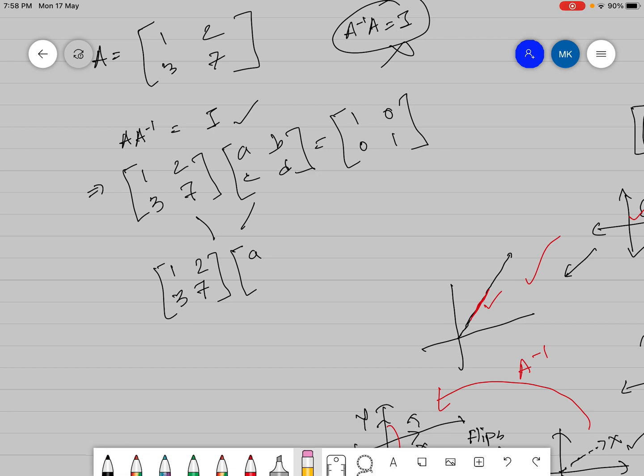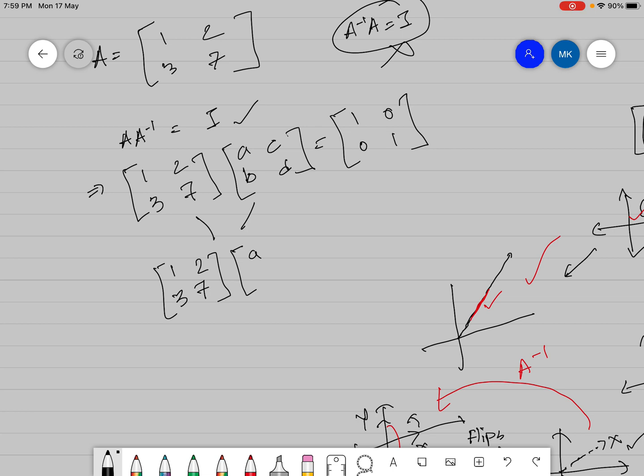I want to change something here. Let's say this is B, this is D. This is just for the ease of calculation. I could use the same letters, no worries.